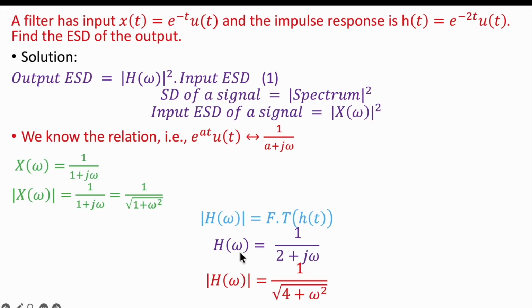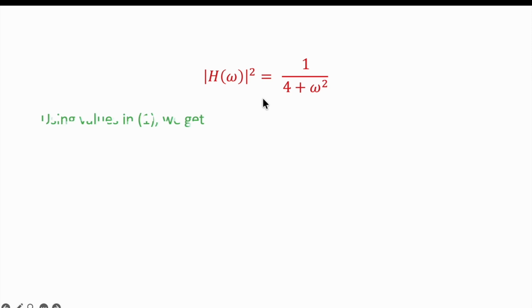If you take the amplitude, it is the square root of a squared plus b squared. A is 2, 2 squared is 4, and omega is b, so that is omega squared. Then if you take the square, the square root will cancel.